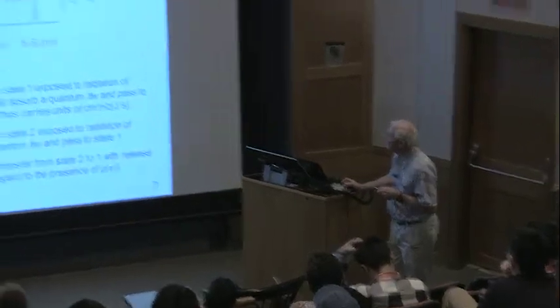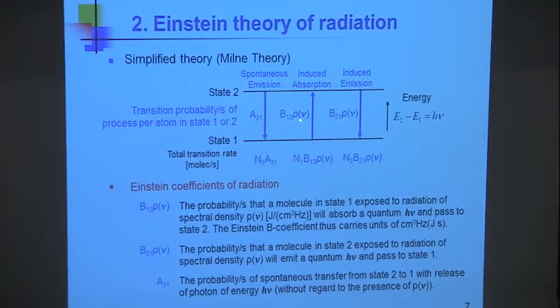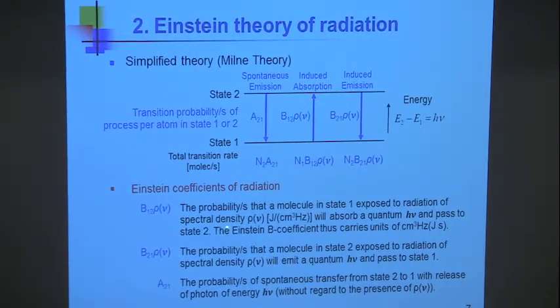You can also have absorption of light, and he defines that probability as B12 times rho nu, which is the probability per second that a molecule in 1 exposed to radiation of density rho nu, these are awkward units, will absorb a photon, a quantum, and pass to 2.